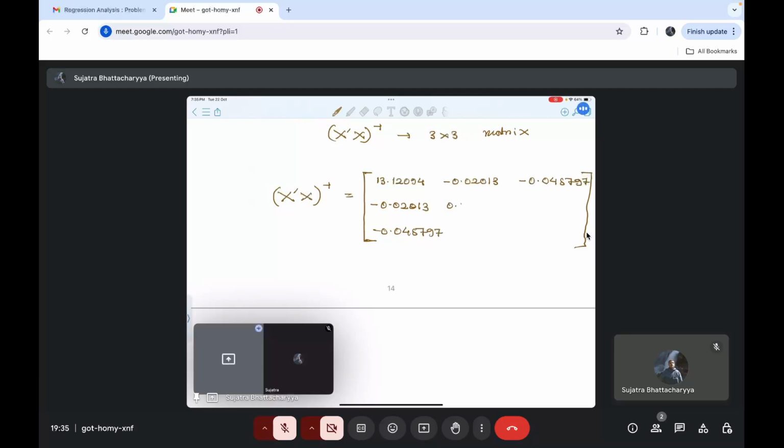This is 0.000121 and this is 1.217 times 10 to the power minus 6. This is also the same; as you can see, this is a symmetric matrix. And finally, this is 2.14 times 10 to the power minus 4. So it's a 3 by 3 matrix.